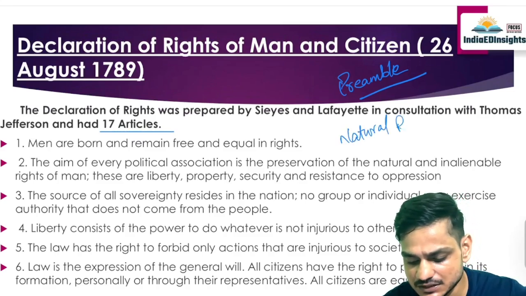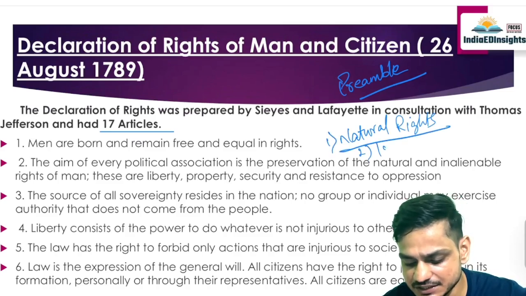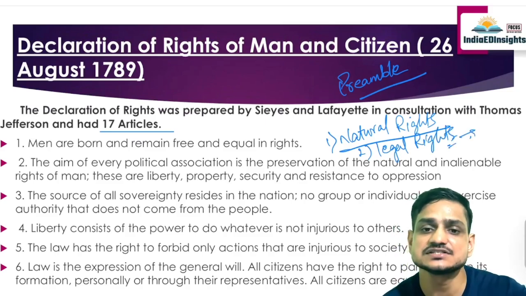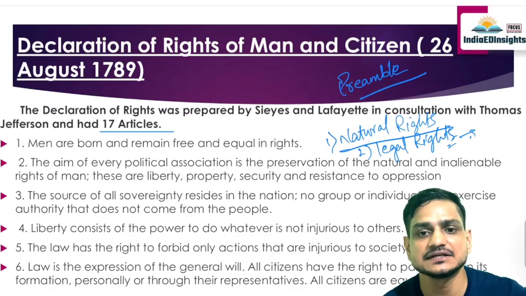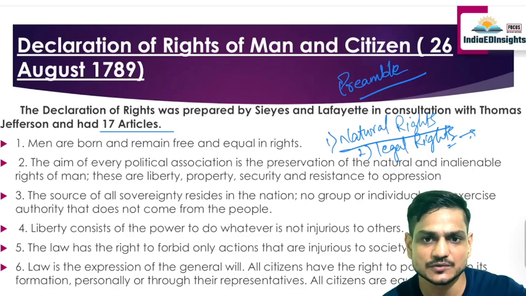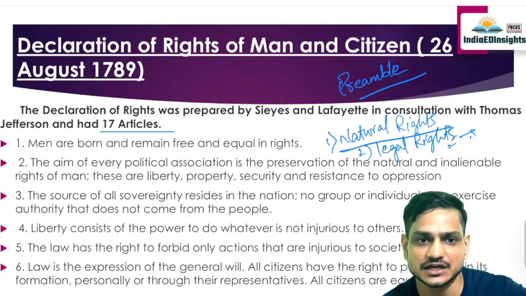These are either natural rights or legal rights. Legal rights mainly are those rights which the Enlightenment thinkers talked about, or which society thought during that period of time.